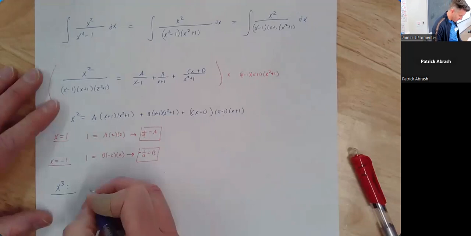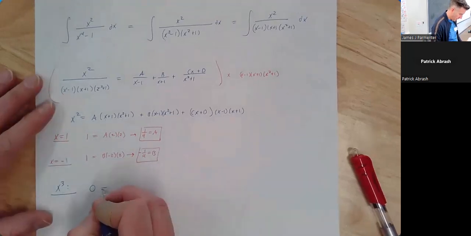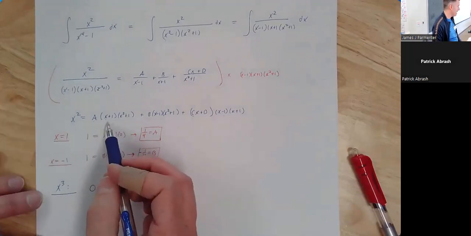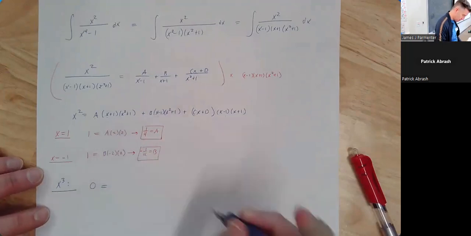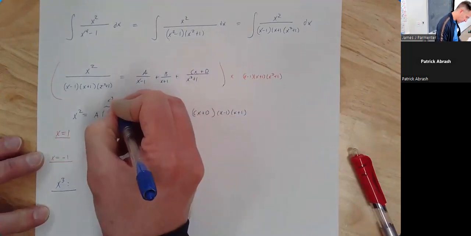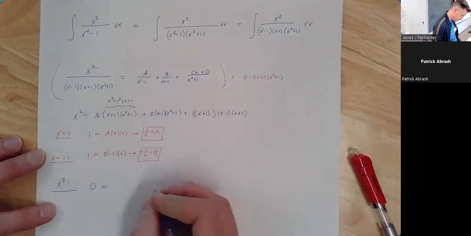And I have 0 of it on the left-hand side. On the right-hand side, if I multiplied this out, would I get an A times x cubed? Good question. Let's see, if I multiply this out, that's going to be x cubed plus x squared plus x plus 1. So yeah, I would get an A times x cubed.